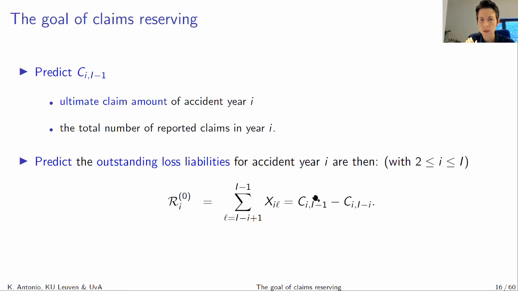The only unknown is this one, the final cumulative amount on a particular row.